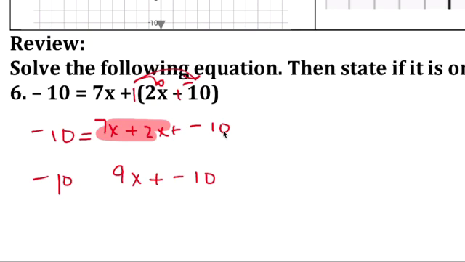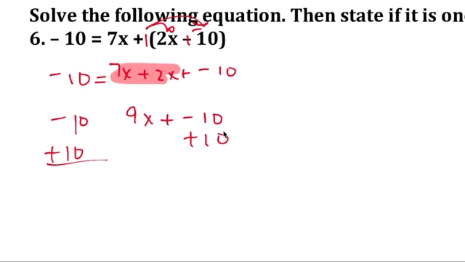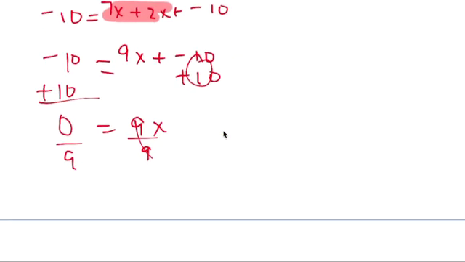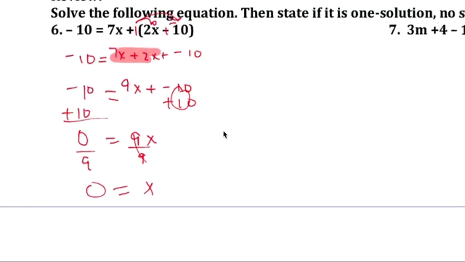That's doing too much, right? Subtract 9x. No, the 10 doesn't have an x. Add the 10. Oh my gosh, gets us 0 there. 0 there equals 9x. Divide by 9. X equals 0, one solution.